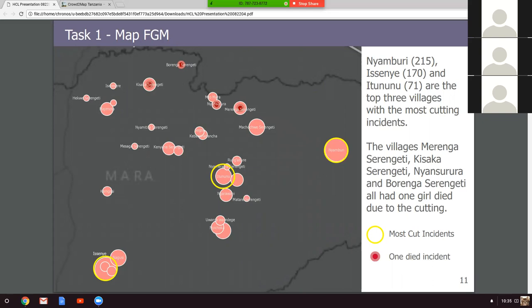They each have 215, 170, and 71 incidents. The villages Mirenga Serengeti, Kisaka Serengeti, Niansu Rura, and Borenga Serengeti each had one girl die due to the cutting.